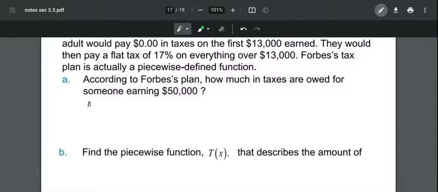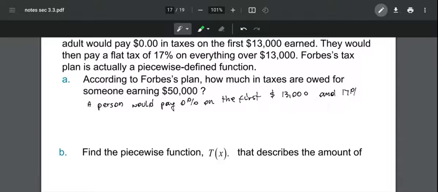So the person would pay 0% on the first 13,000 and 17% on the remaining.